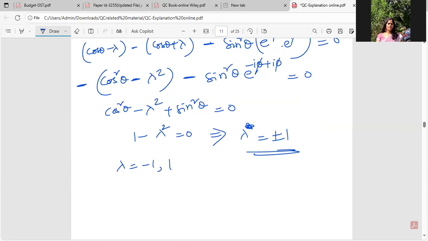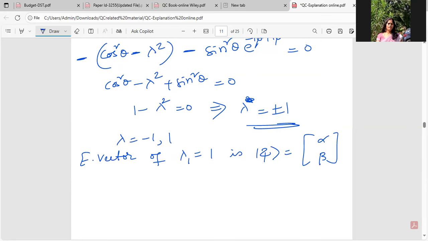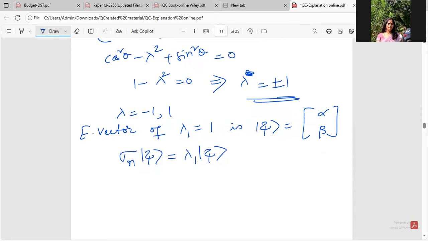Fine. Now, once I have eigenvalues, I should be finding out eigenvectors, right? The eigenvector for lambda 1 equal to 1 is ket xi equal to alpha beta. Let ket xi be alpha beta. Then what I will have would be sigma n into ket xi is equal to lambda 1 into ket xi. I'm not using suffixes because it's very difficult to write.